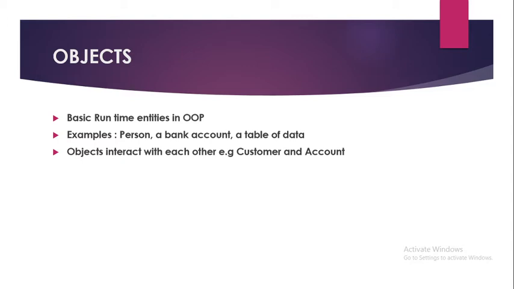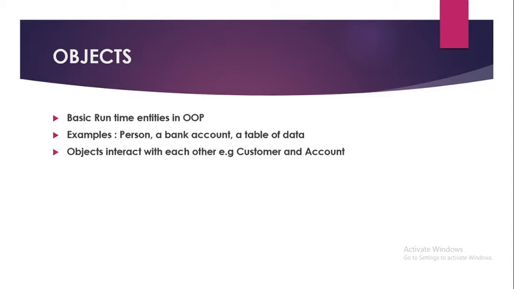Depending upon the type of objects involved, every object will have some specific role in our software. As far as the customer is concerned, it will have data like the name of the customer, address, mobile number, PAN number, Aadhaar number, and so on. If we are talking about the account, every customer definitely will have an account number.